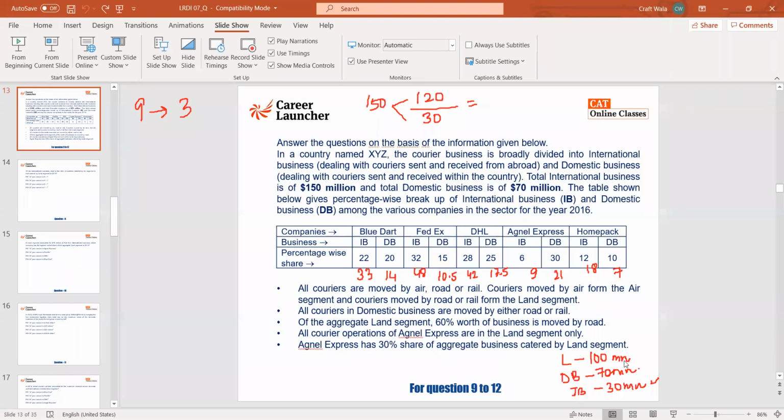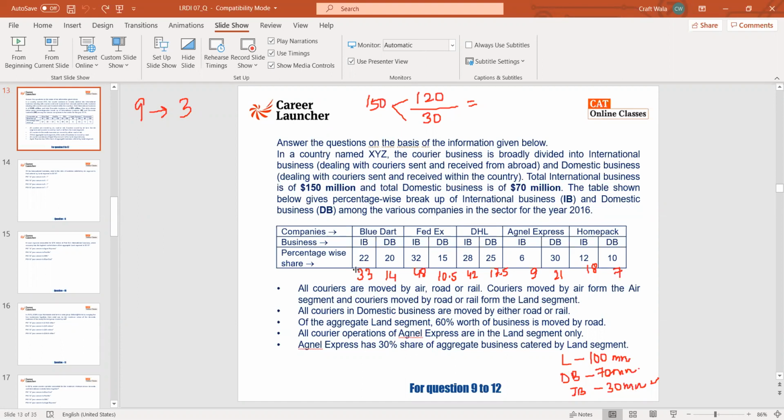And total in land is international is 30. That means if 15 is by FedEx, the highest any other company can have is 15, or it might be divided also. But highest any other company can have 15.